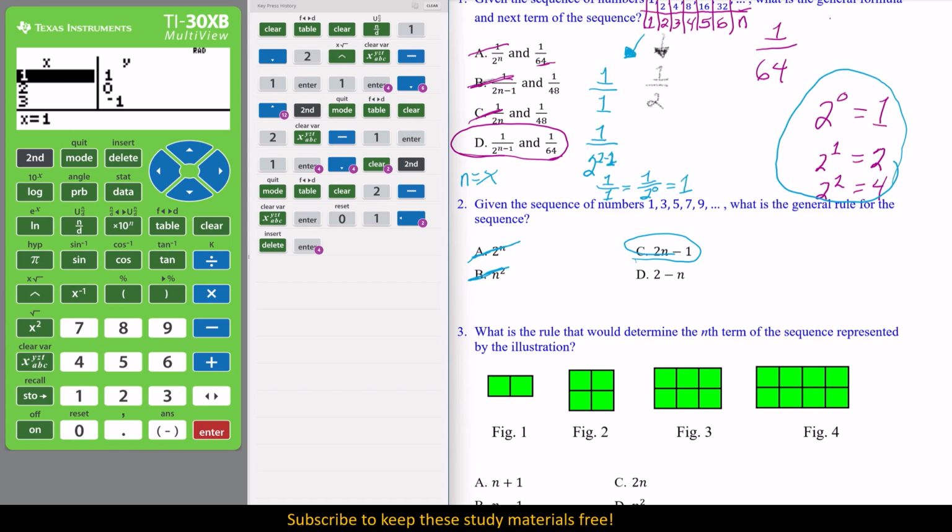Okay, very interesting. Look at what it gives us. I see 1, 0, -1. See how it keeps increasing with negatives? As my x becomes more positive, my y becomes more negative. That's pretty interesting.